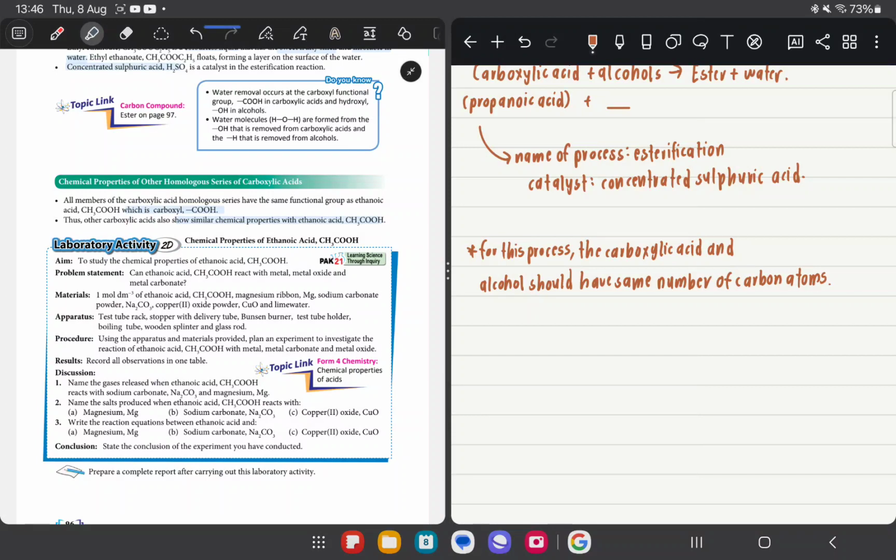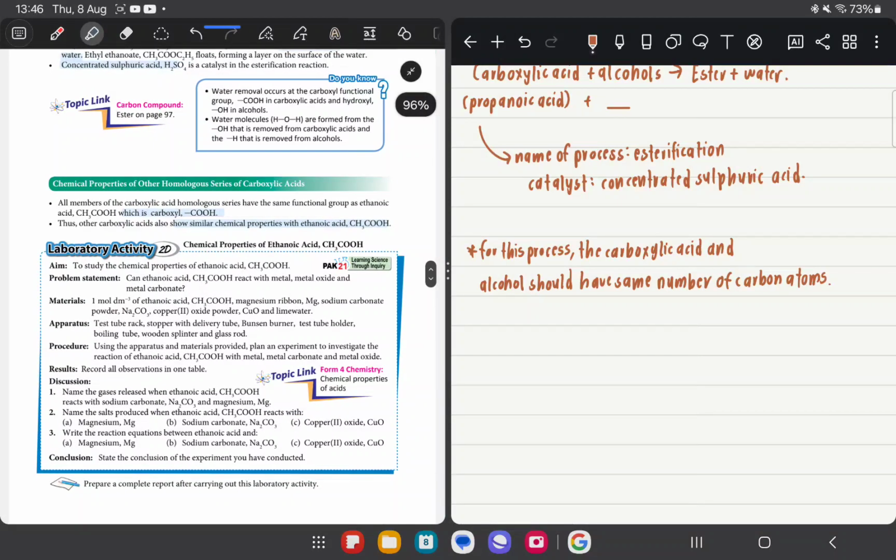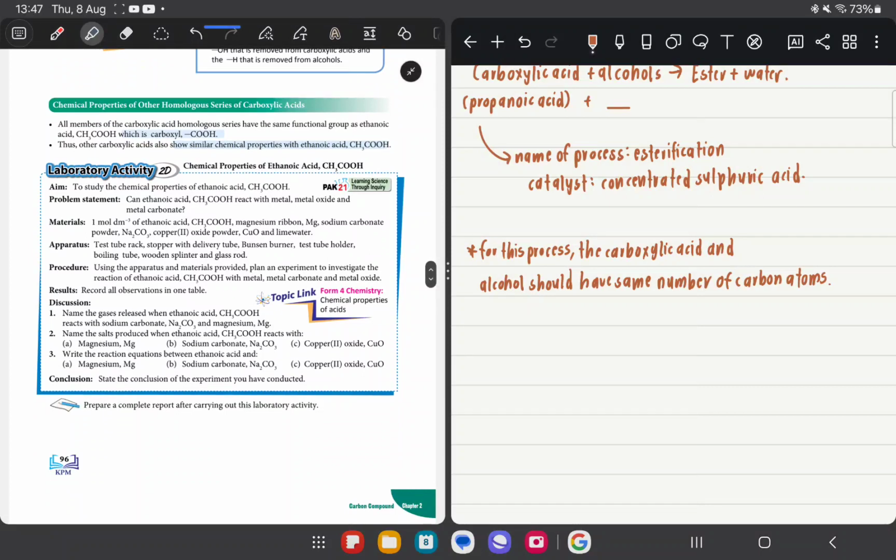Usually pemanasan macam tak sangat keluar, sebab Bunsen burner issue. But it can be asked in paper 2, minta you huraikan the procedure. So you kena huraikan lah the procedure. So that's also another thing. So saya nak you pay attention lah for this laboratory experiment.